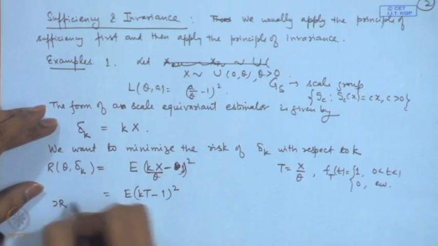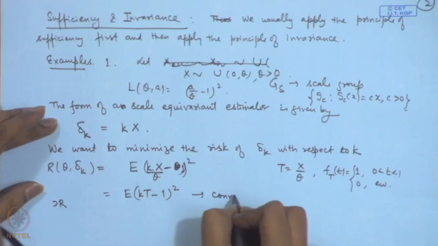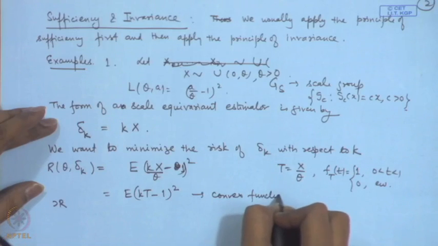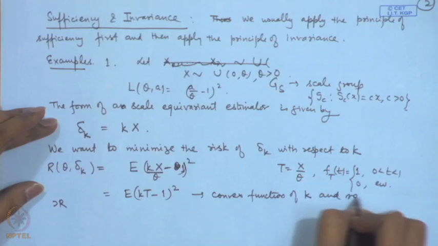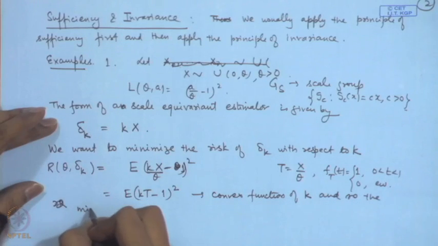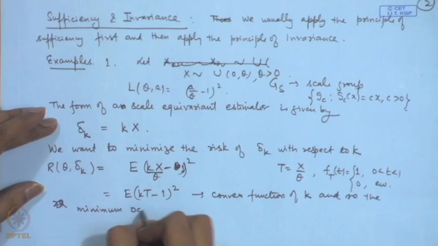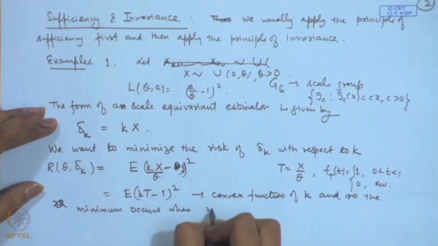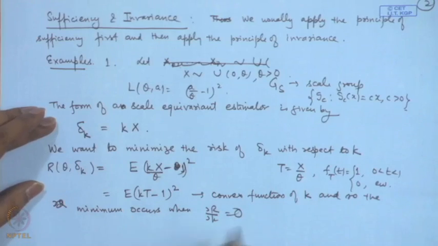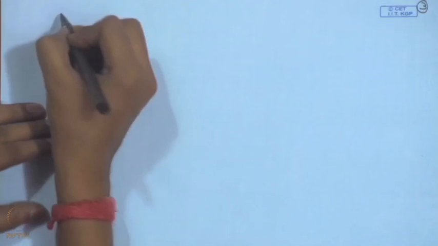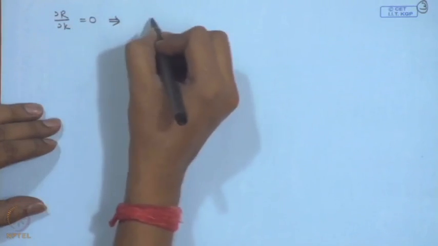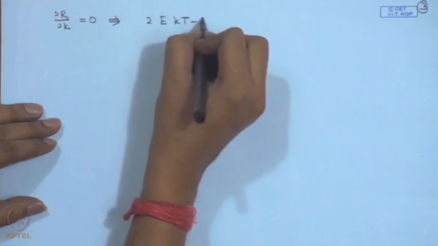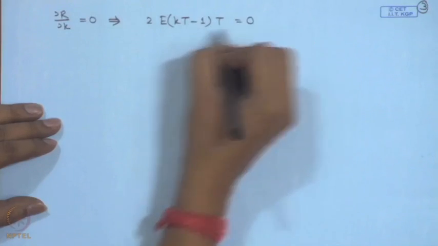So, this is now naturally a convex function of k, and so the minimum occurs when del r by del k is equal to 0. You can calculate del r by del k, that will give us twice expectation of (k t minus 1) into t is equal to 0.